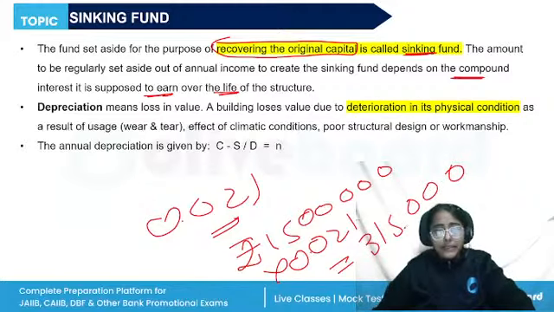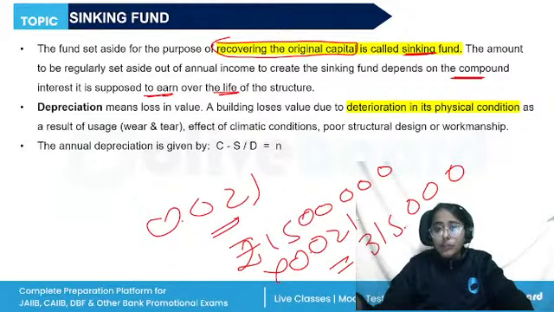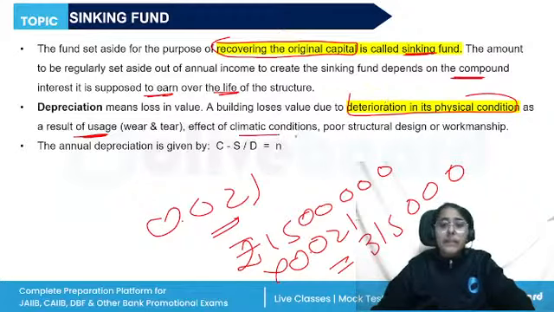All right. Then another concept is depreciation, which refers to the loss in value due to wear and tear or the result of usage. So it is the deterioration in the physical condition: wear and tear, effect of climate conditions, poor structural design or workmanship.